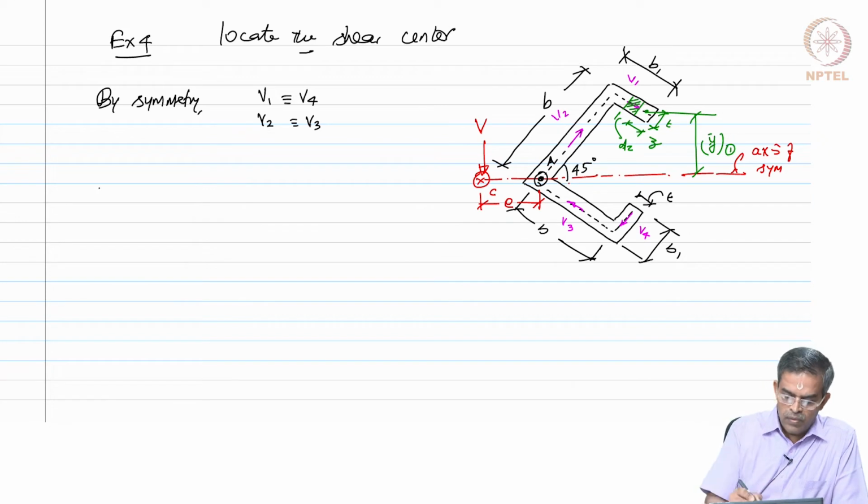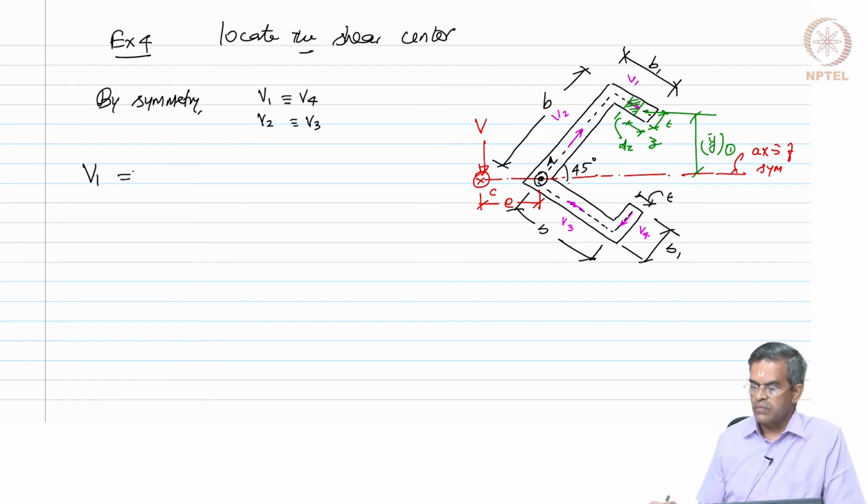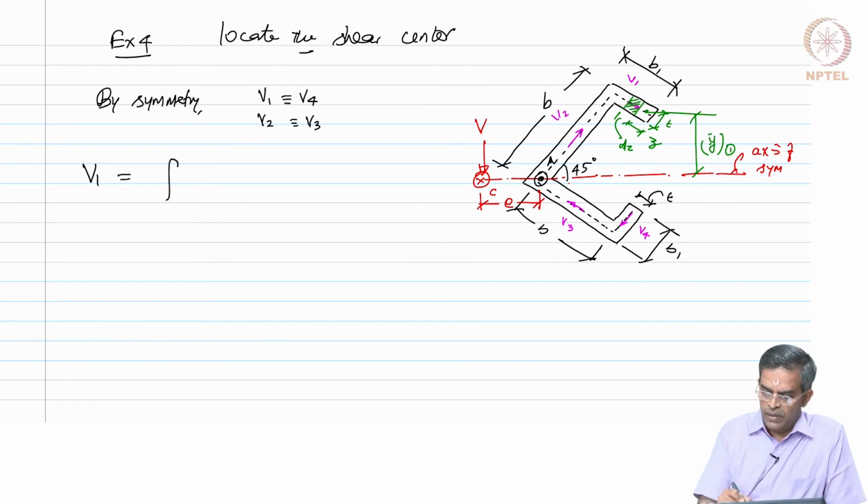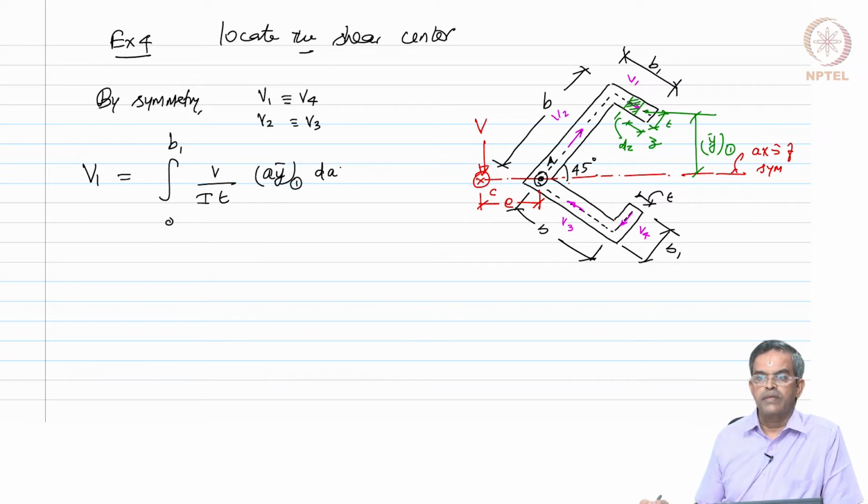So, now V1 is given by integral 0 to B1 of V by IT, A y bar of piece 1 into dz.